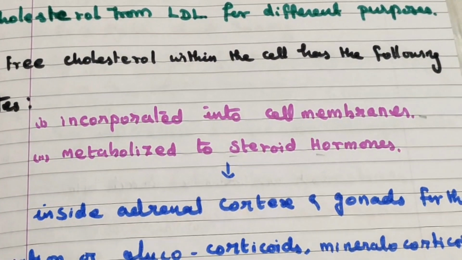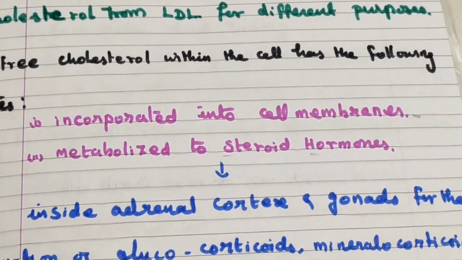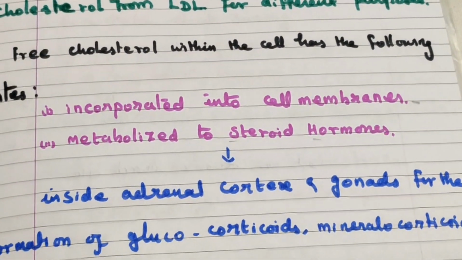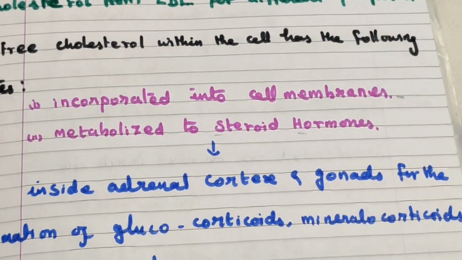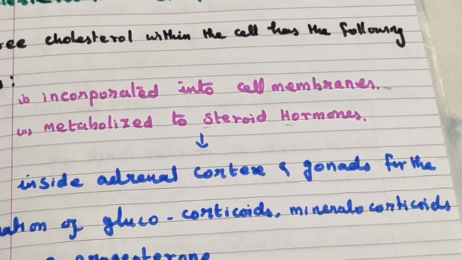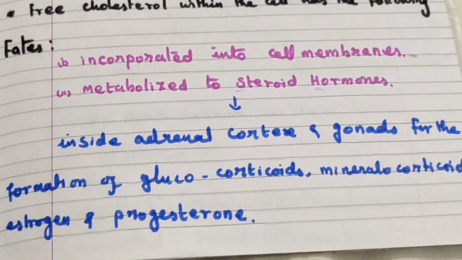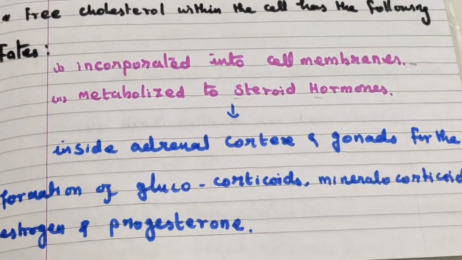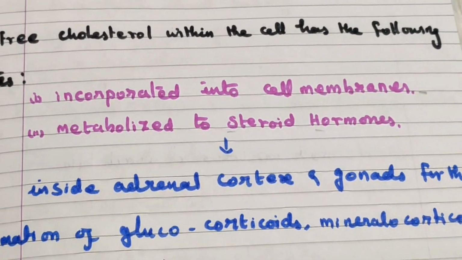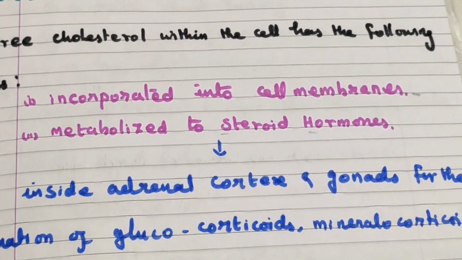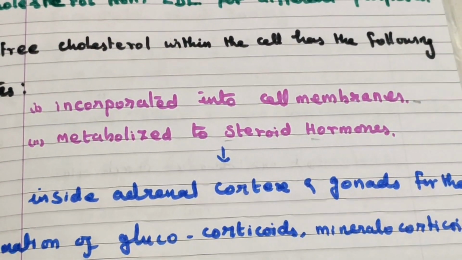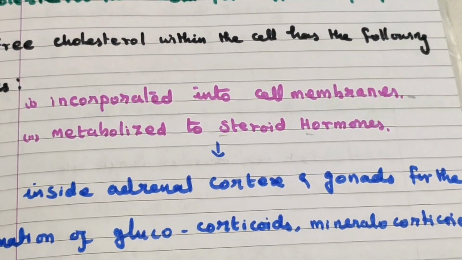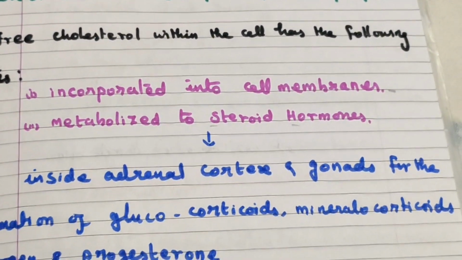Second, to metabolize to steroid hormones inside the adrenal cortex and gonads, for the formation of glucocorticoid, mineralocorticoid, estrogen and progesterone.